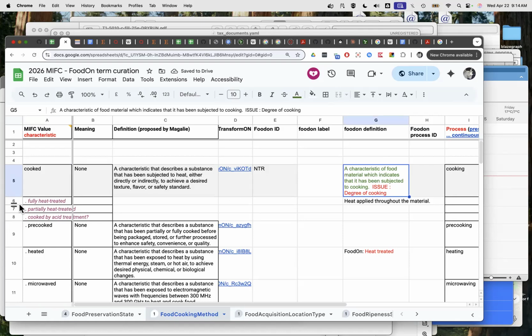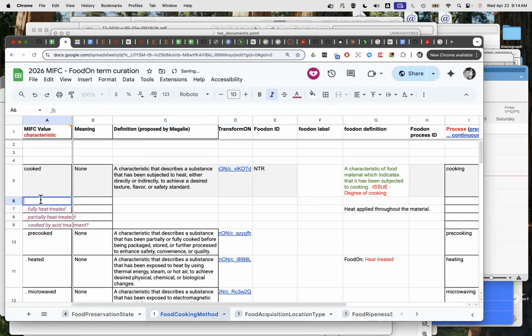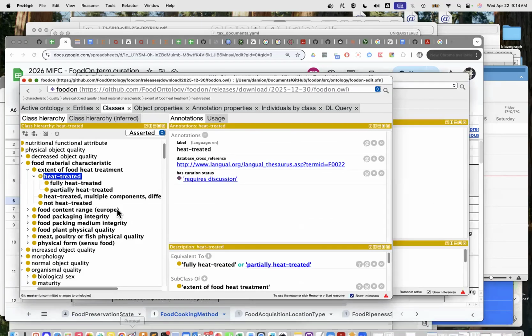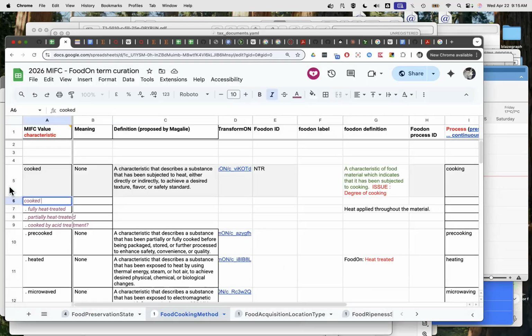So we can specialize cooked with cooked by acids or cooked by heat. Okay. Right. And I think if we had a case for that, heat treated is the term standalone, because you have not heat, you have also not heat treated.